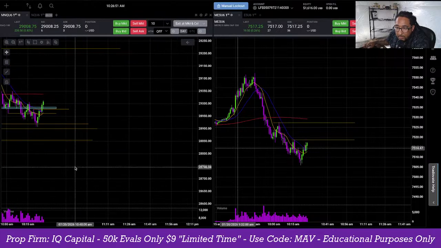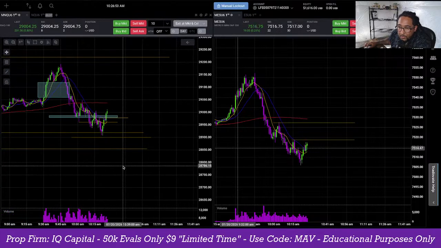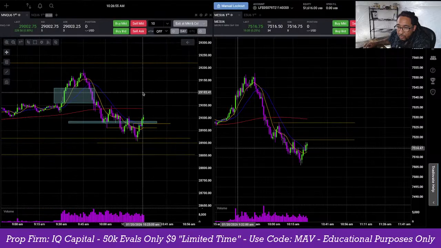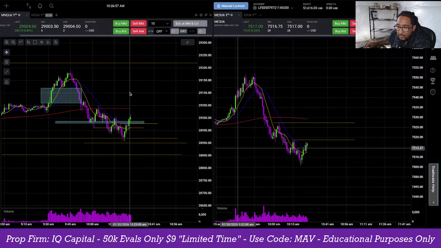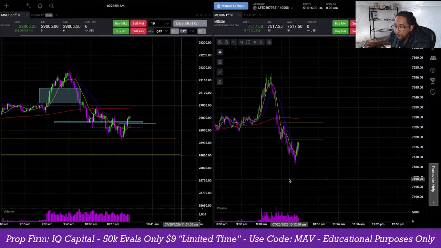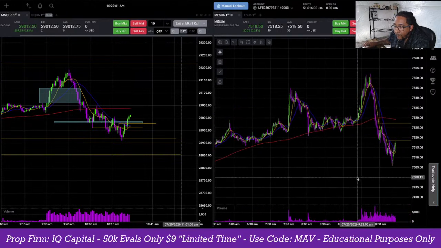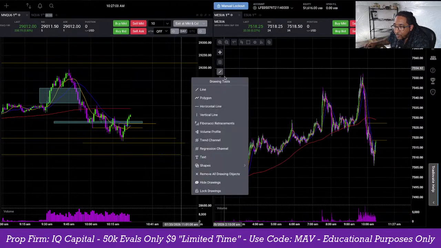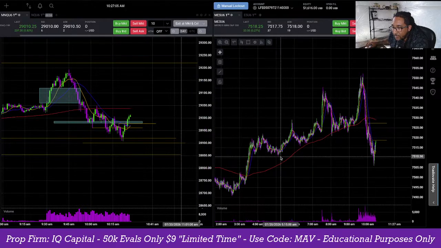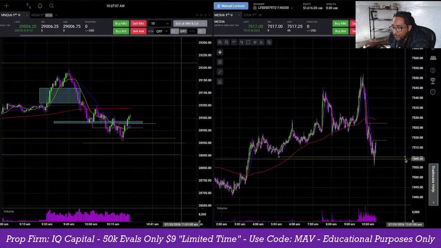So we'll start to see. And right now NQ is a little stronger than ES. So again, ES swept these lows here. I'll just draw it out so you can see it.